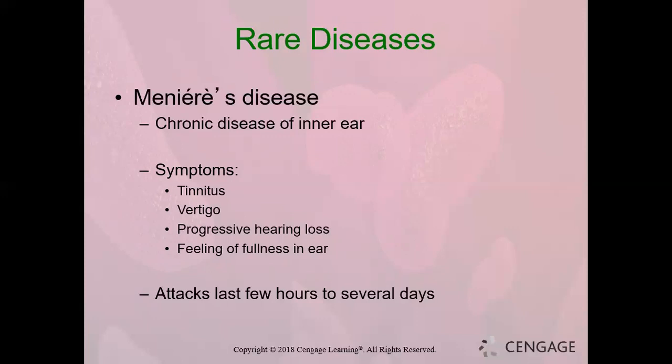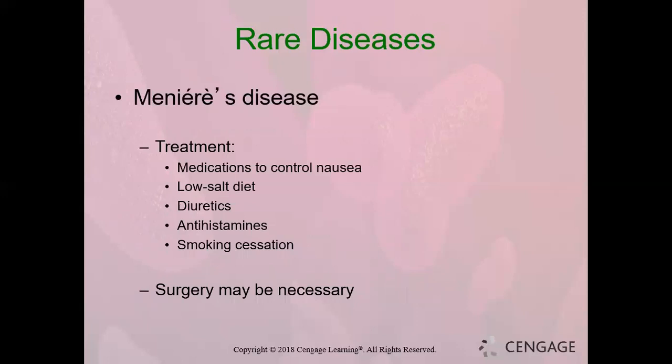It's a very chronic disease, and it can be very significant for some people. They're going to give them medications to control their nausea, a low salt diet, diuretics, antihistamines, and they want them to quit smoking. They may do surgery.